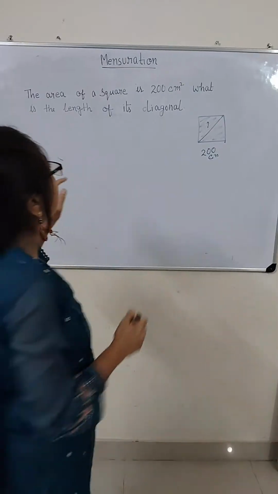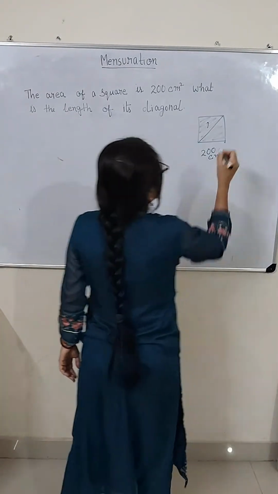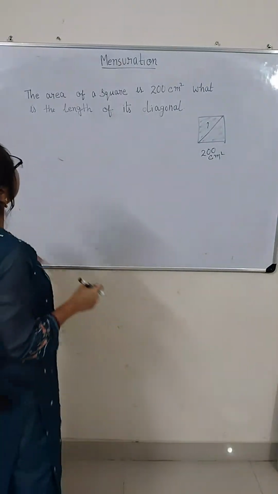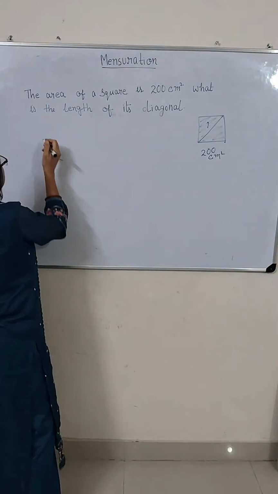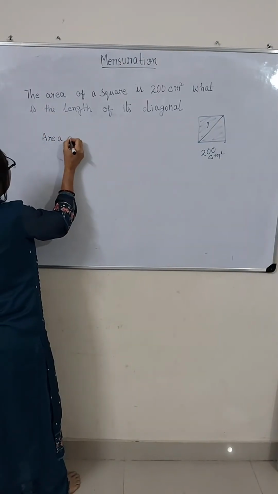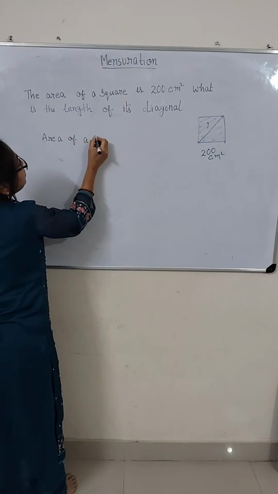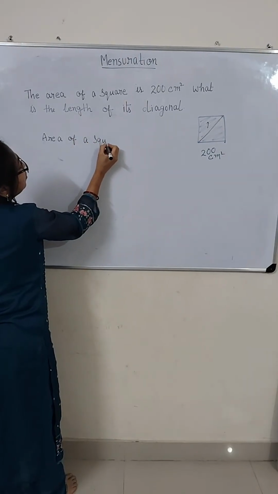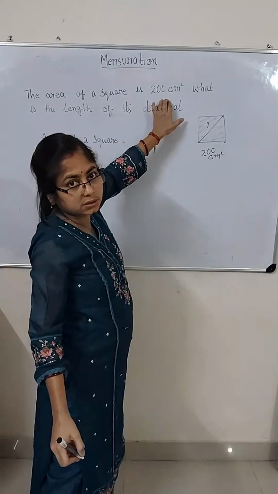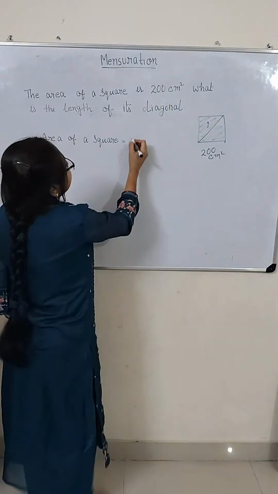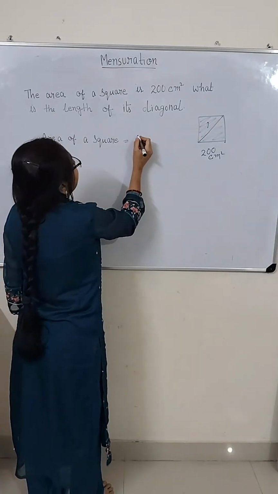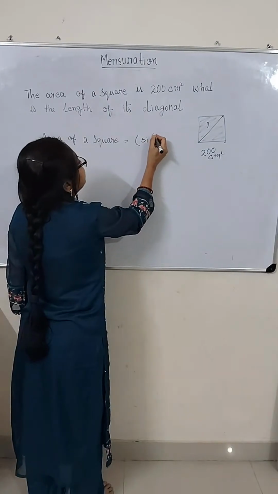First, from the area, what can I do? You can find out the side of the square. First you write the formula: area of a square is side square.